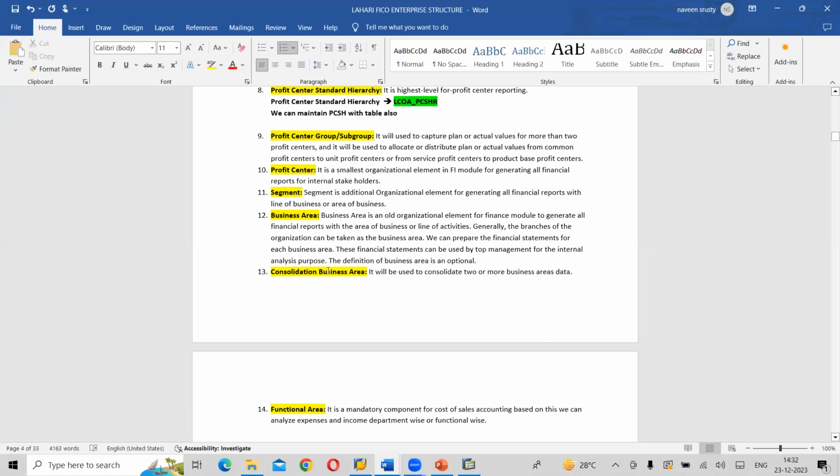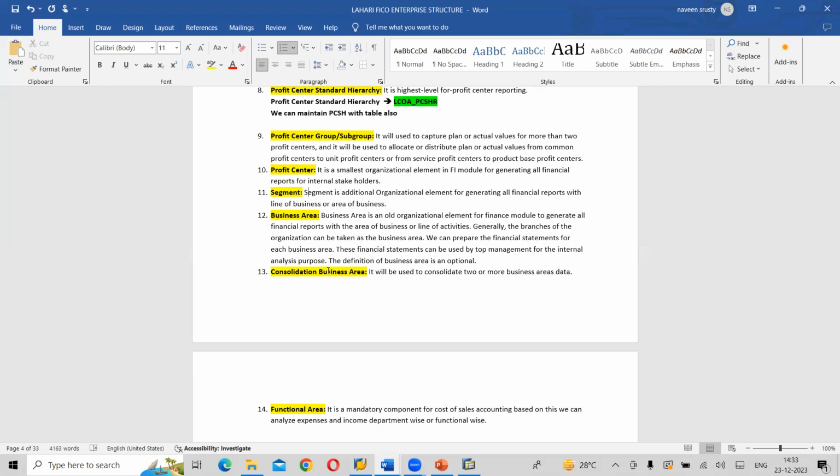For each branch we want to have P&L accounts. We want to see how each branch is performing, which one is getting more profits or which one is in more losses, what the issues are, and all those things. If I don't have business area reporting, and I want to consolidate everything, then I'm not sure which branch is performing well, which branch is not performing well, and which segment is not performing.